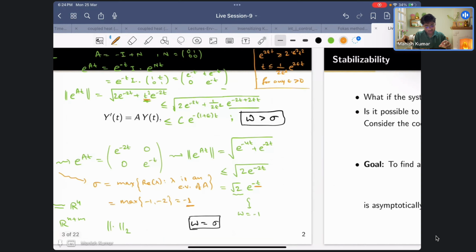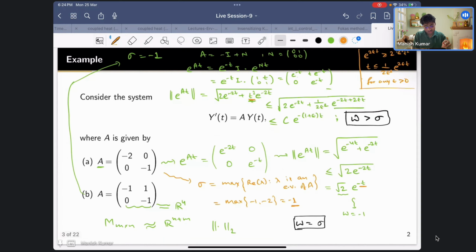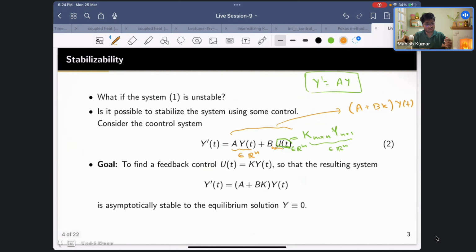Now we have studied how to do this kind of study, the stability of this kind of linear system. We are using the eigenvalues. Over here the eigenvalues of A were not negative. If they were negative, then that system would be stable, but this is not.